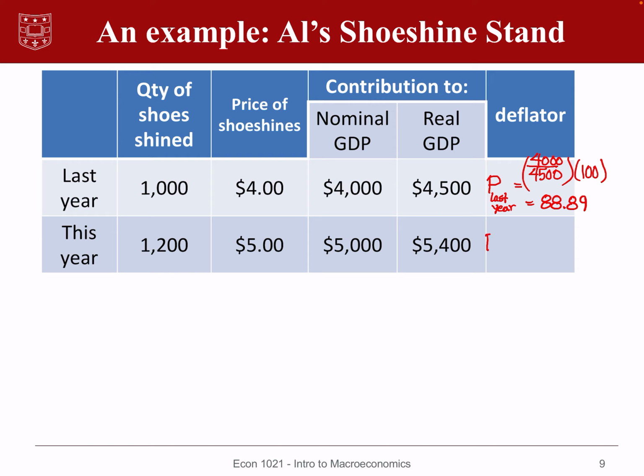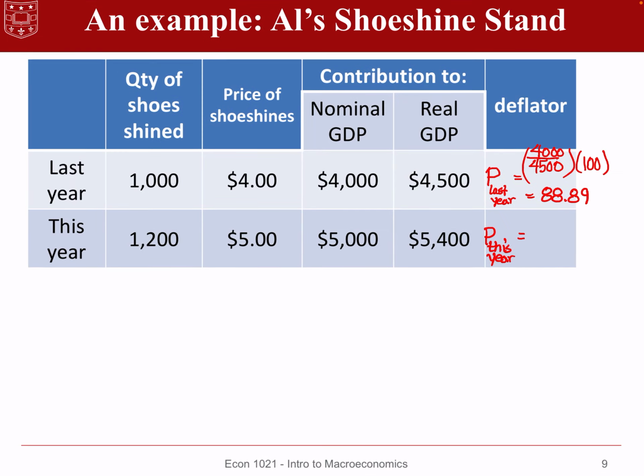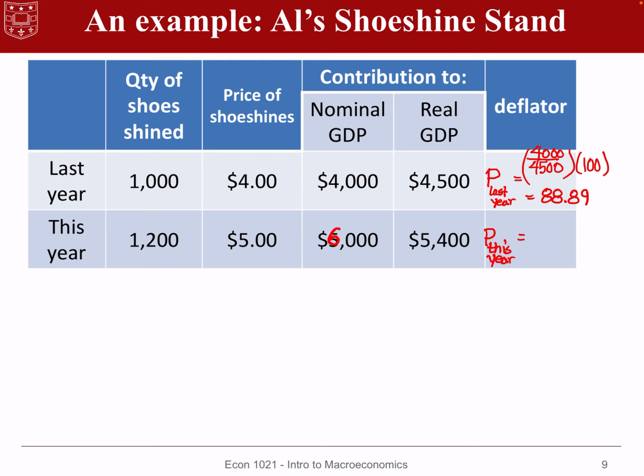The value of the deflator this year, in this simple example, would be nominal GDP divided by real GDP. Excuse me, this is a 6. I'll correct the notes that I post. I don't know why I have a 5 there, but you will see it in the notes as you're working through this.